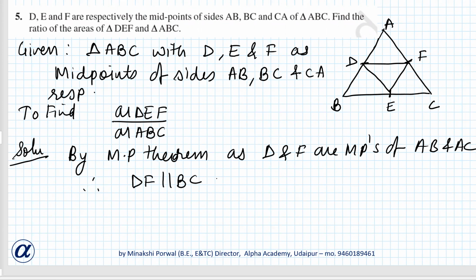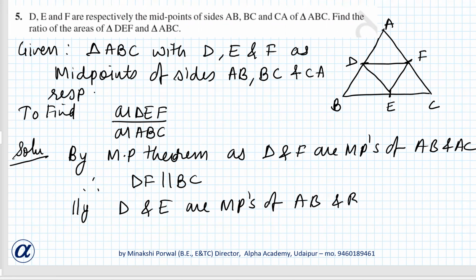And similarly, D and E are midpoints of AB and BC, so DE is parallel to AC.